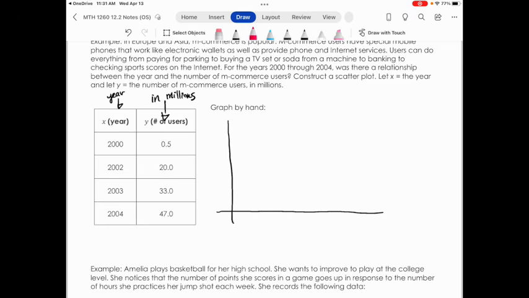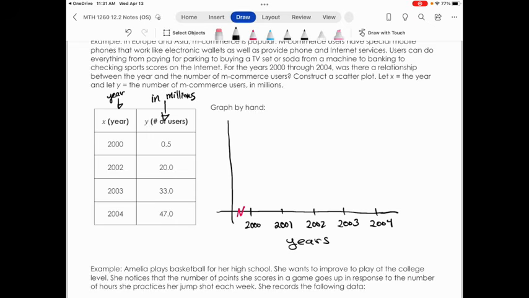Now, because we're not starting at 0, we need to put in that graphical compression symbol to show that we're compressing the graph that's between 0 and 2000. So we're going to start here at 2000, then we're going to go to 2001, 2002, 2003, up to 2004. It's very important that each of those tick marks represents the same value. So each of these represents 1 year.